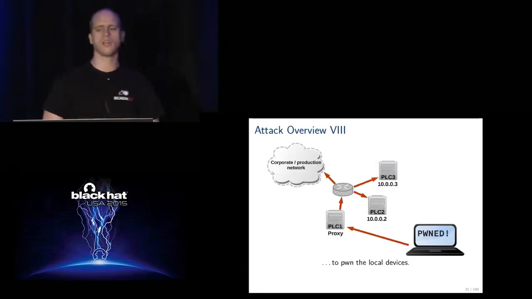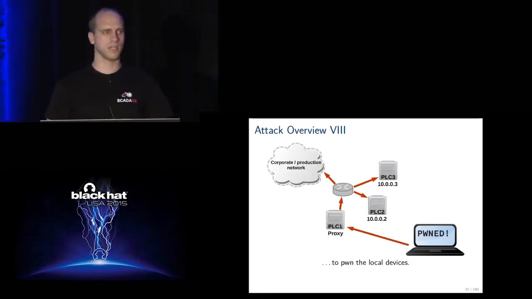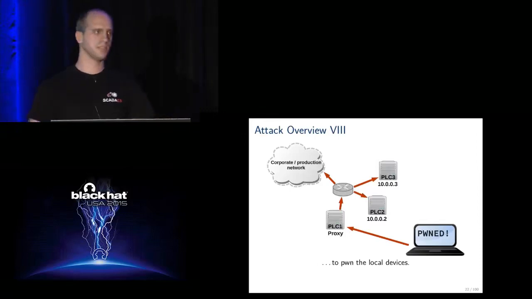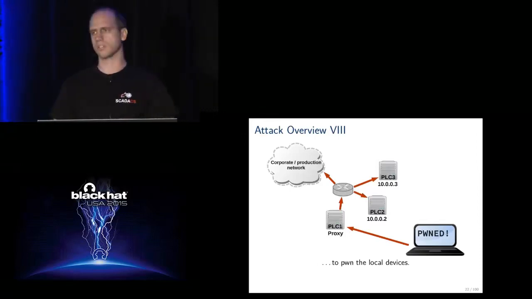So we show a completely different way, a completely new attack vector. We know that there was an offline attack vector and an online attack vector of the business IT, and we show how to leverage one internet-facing PLC for compromising the whole production network behind.